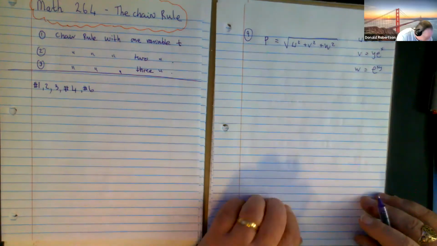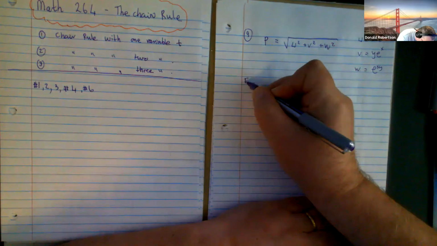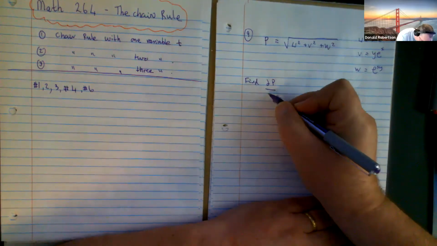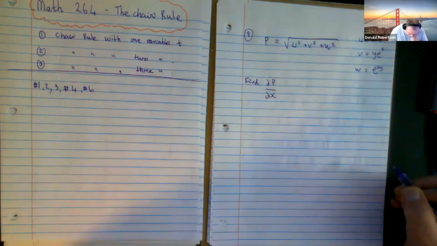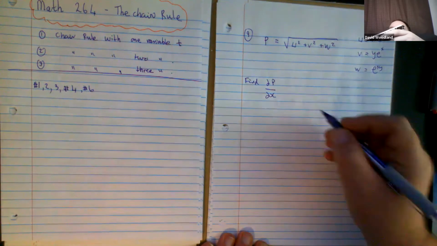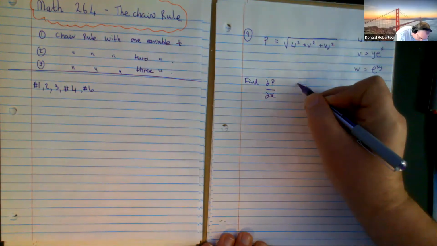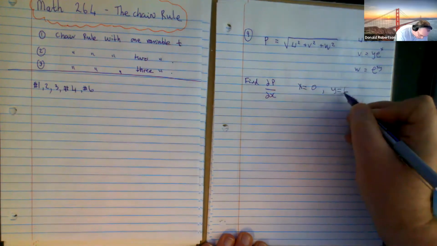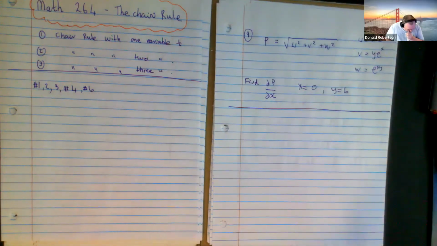And we are being asked to find dP by dx. And we're being asked to find it when x is 0 and y is 6. So that's what makes us a little bit different from the others.